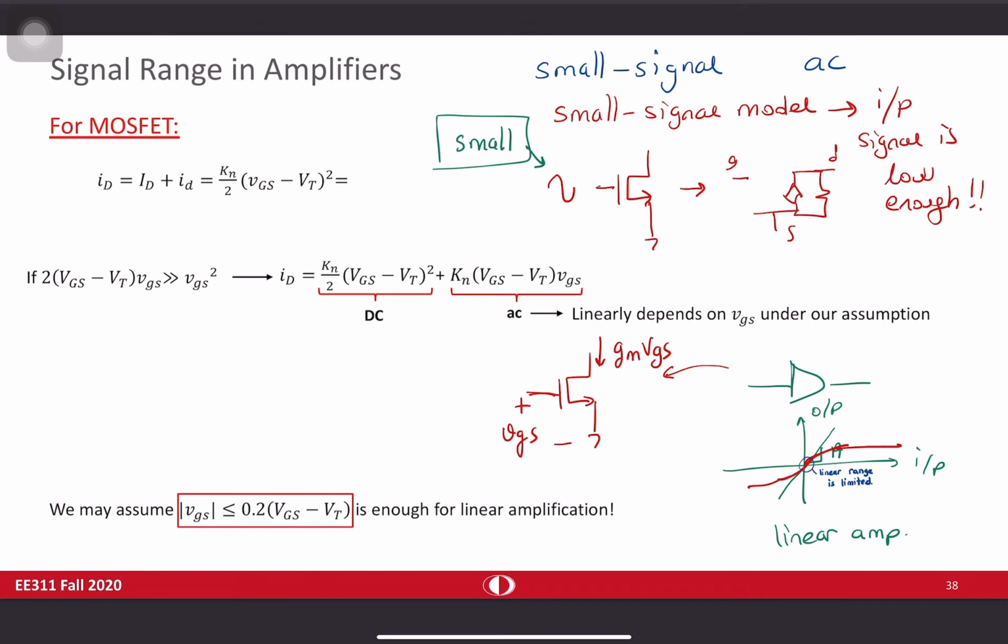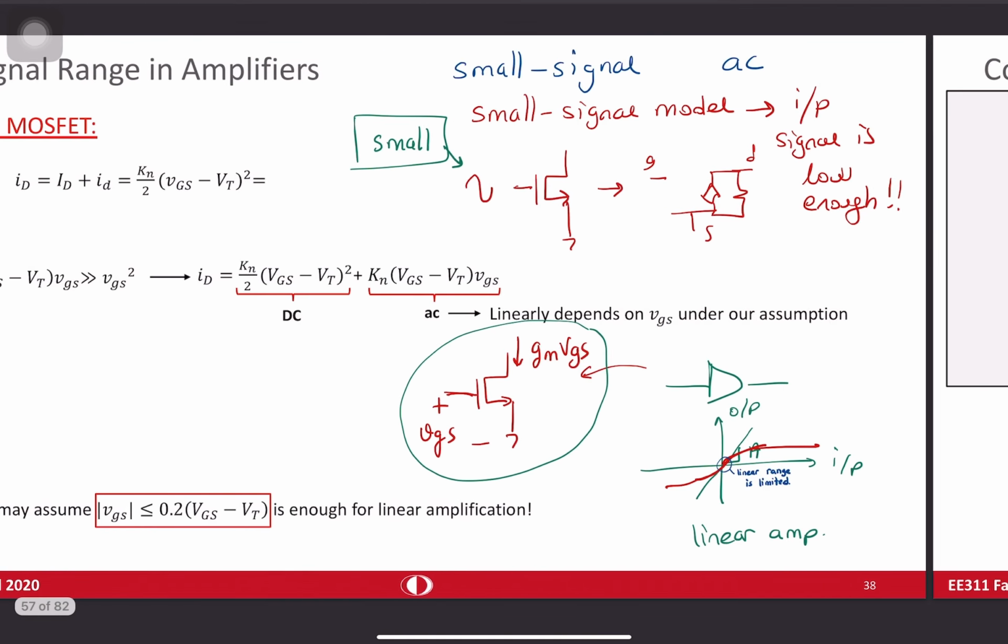However, this condition is valid for a small range. The actual characteristic of output current versus input voltage is something like this curve. So we have to make sure that this linear relation is satisfied. So how are we going to satisfy it?